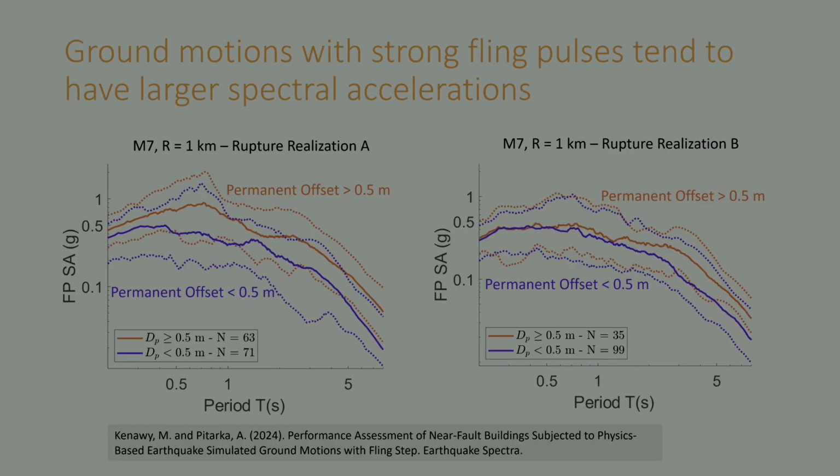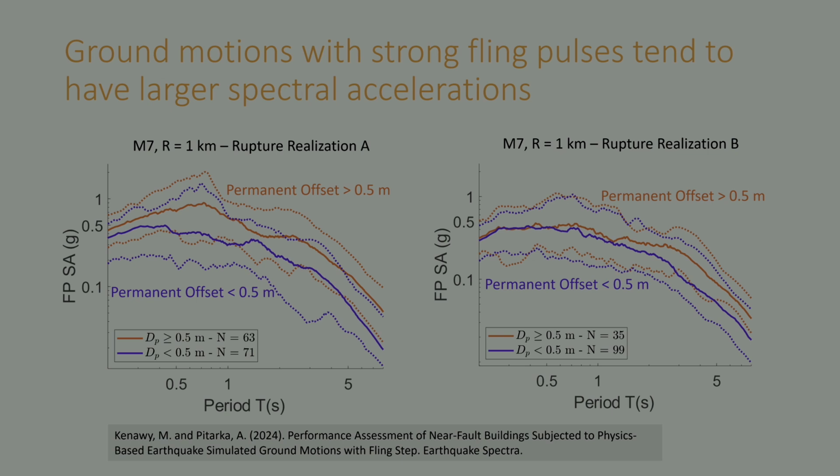We're also able to compare what the shape of ground motion records look like that have these big permanent offsets and the pulses associated with them, which was not possible to do with real ground motions. So now we're able to get a whole suite of ground motions of a magnitude 7 at 1 kilometer, and a large group of them have permanent offsets, so they're typically fault parallel, and a large group of them don't have a permanent offset.